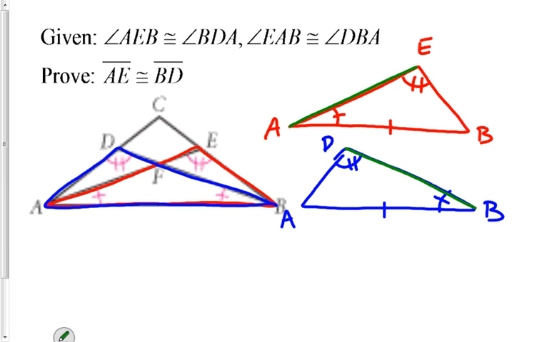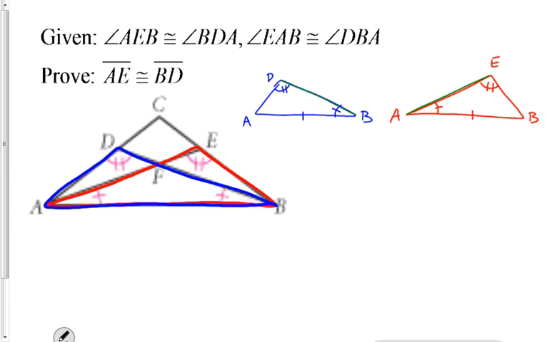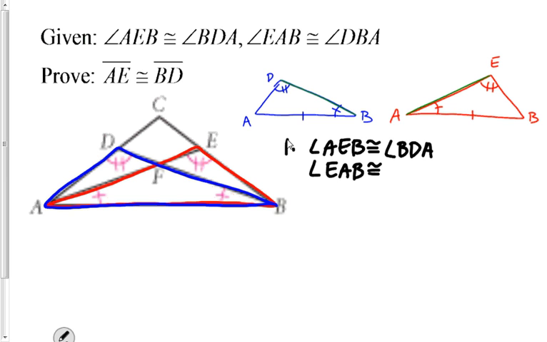So let's actually start to write the proof now. So step 1, angle AEB is congruent to angle BDA, and angle EAB is congruent to angle DBA. This is all given information.